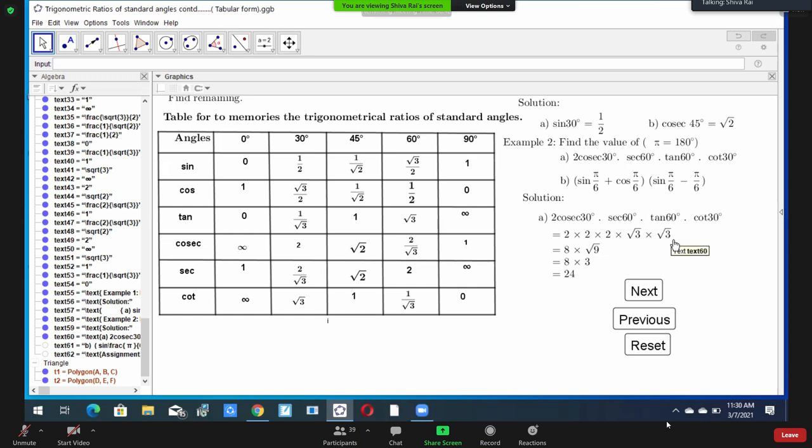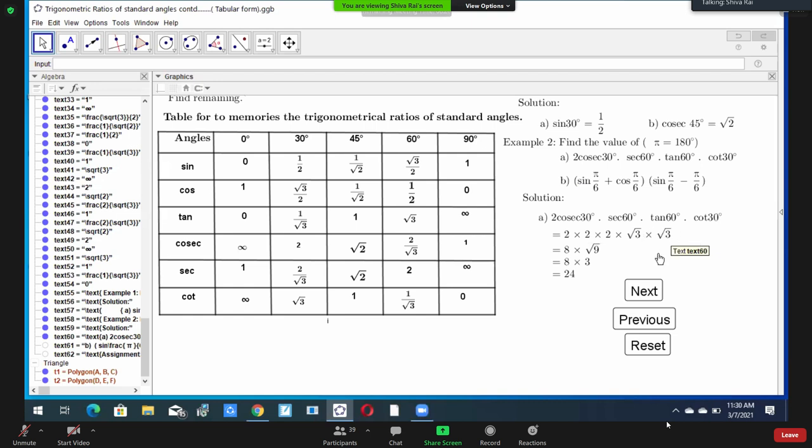Root and root we can multiply. It means irrational number we can multiply with irrational number. Rational number we have to multiply with rational number. Outside the root sign and inside the root sign, you cannot multiply. Remember this. These 2 are rational numbers, and these root 3 are irrational numbers.